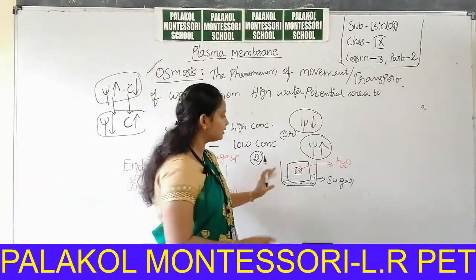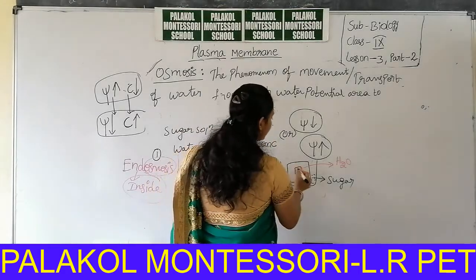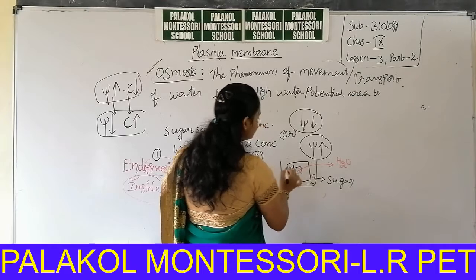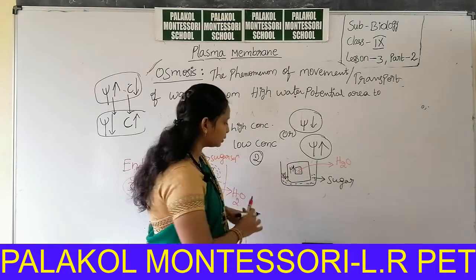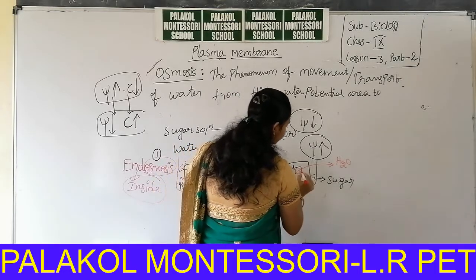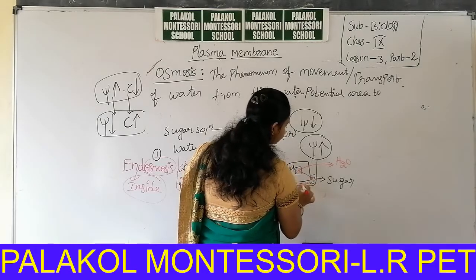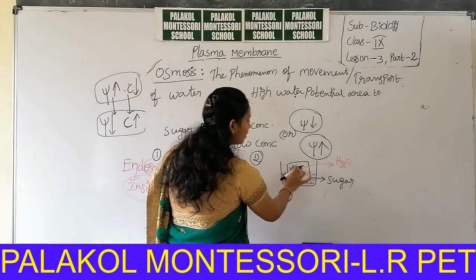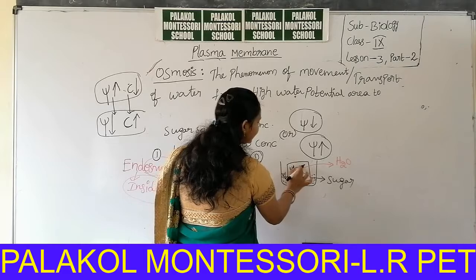But when you observe here, the water always moves from high potential region to low potential region. So the water present inside the cup of the potato moves towards the plasma membrane and enters into the sugar solution. So the level of the water in the cup of potato decreases.